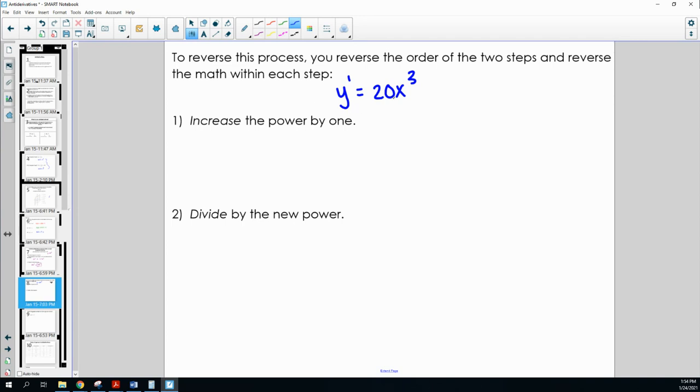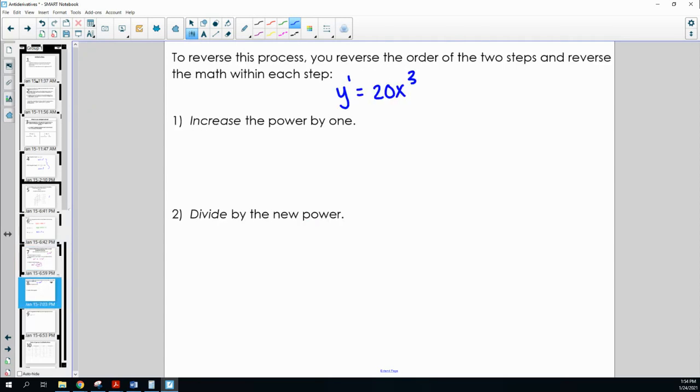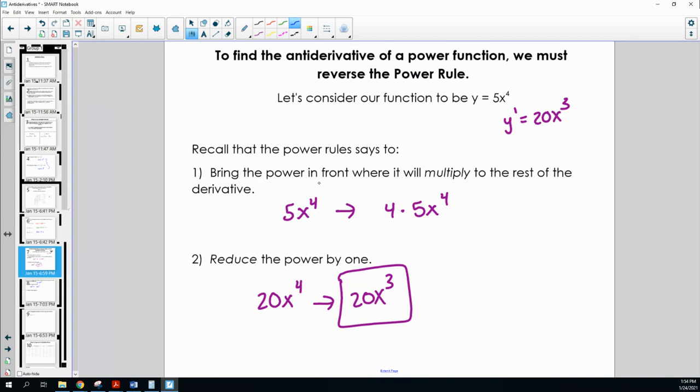Instead of reducing the power by 1, which was our last step in finding the derivative, we're going to make that our first step, and reverse it by adding 1. So I have 20x to the third, and I add 1 to the exponent, so I have 20x to the fourth. The first rule for finding the derivative was to bring the exponent down in front and multiply.